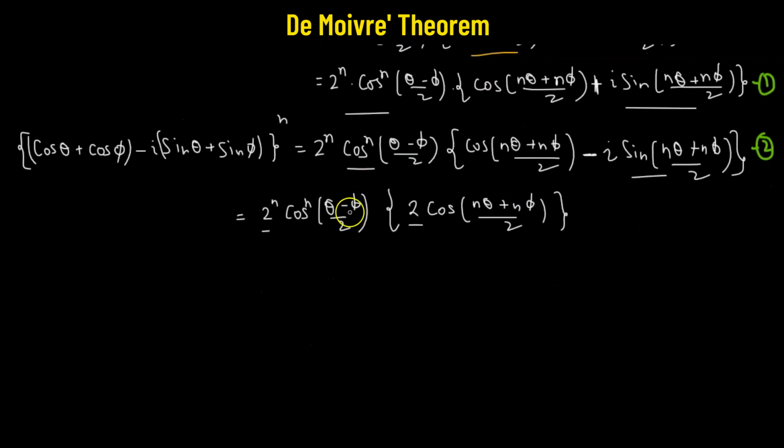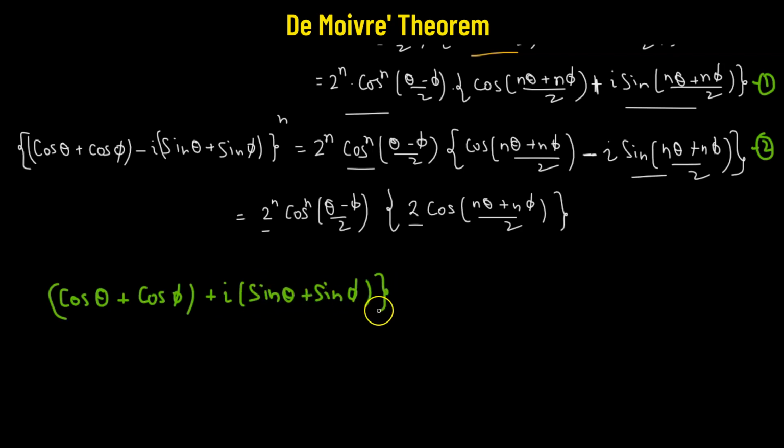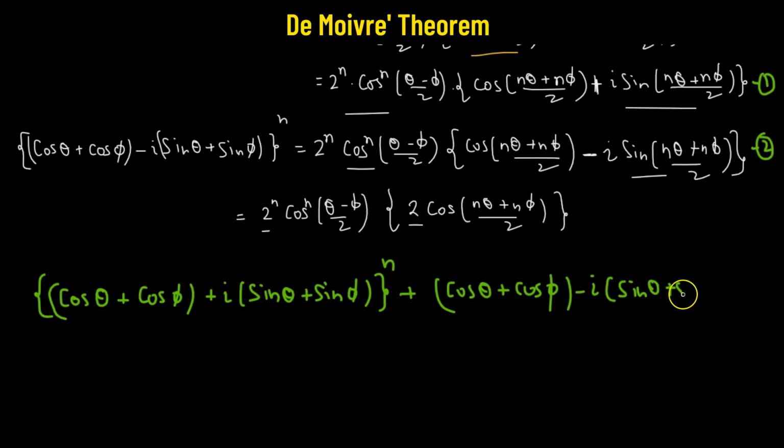And therefore our final expression is going to be, so we have (cosine of theta plus cosine of phi plus iota times sine theta plus sine phi) whole raised to the power of n, added to (cosine of theta plus cosine of phi minus iota times sine theta plus sine phi), everything raised to the power of n.